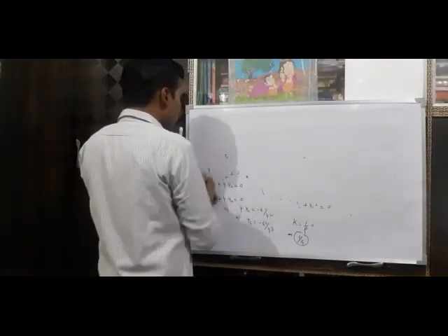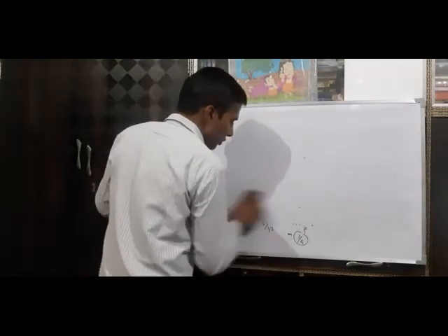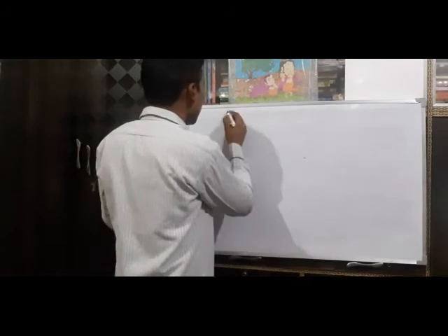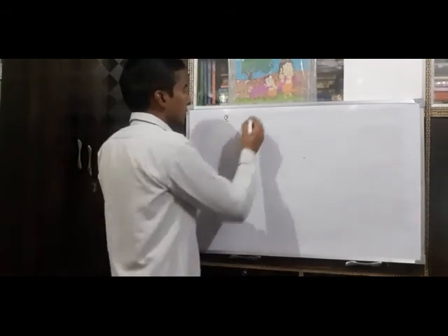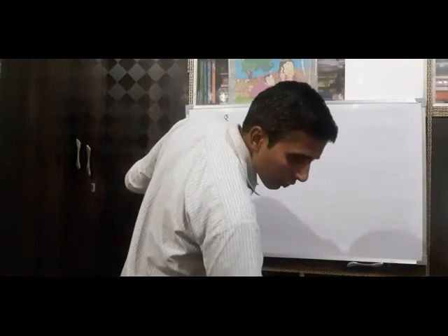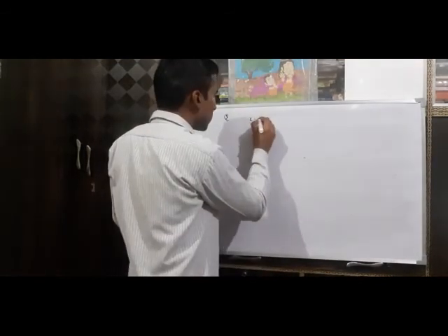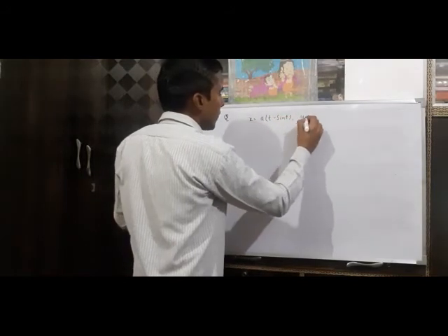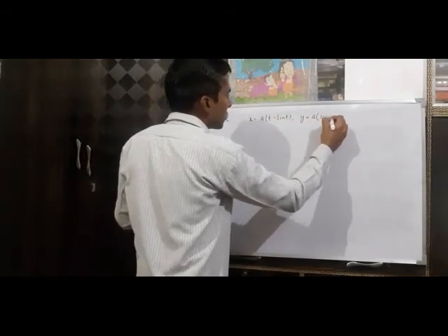Here we have to determine the radius of curvature. The given curve is x equal to a into t minus sin t and y equal to a into 1 minus cos t.